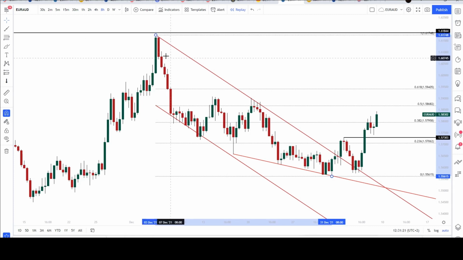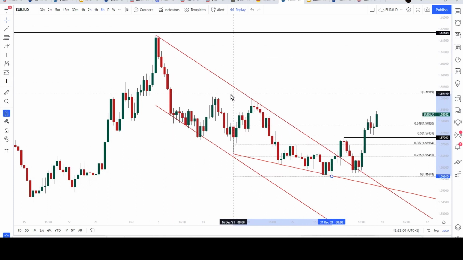Okay, somebody would say that the most orthodox way is drawing the lines from that high to this low, and then we can measure how much the market moves back to the upside, how much of this downside move the market has retraced. Okay, that's okay, because 23.6% is somewhat coinciding with this high here, and okay, there's that low there, but I don't see this being as useful as this method.